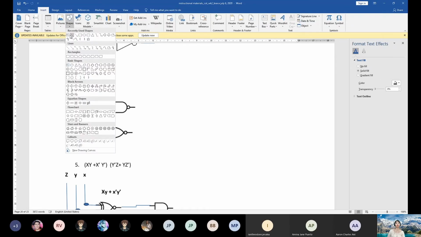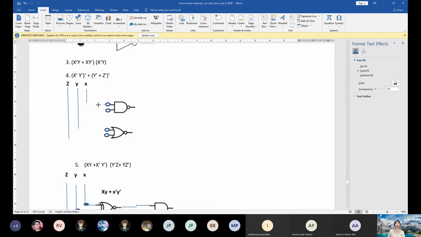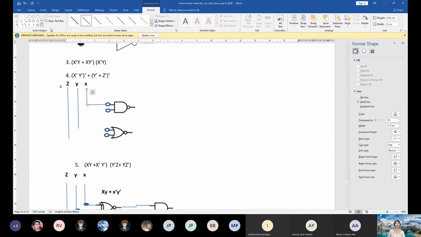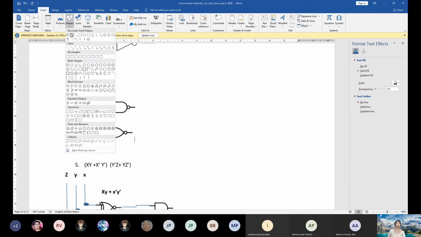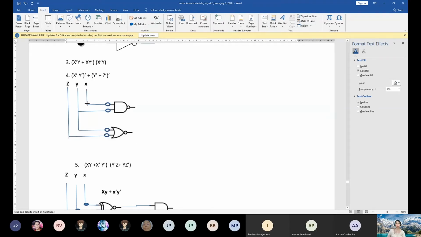Connect this to X, then connect to Y, and another Y. Then Z. Okay, so we put a heavy node. A heavy node means connection.